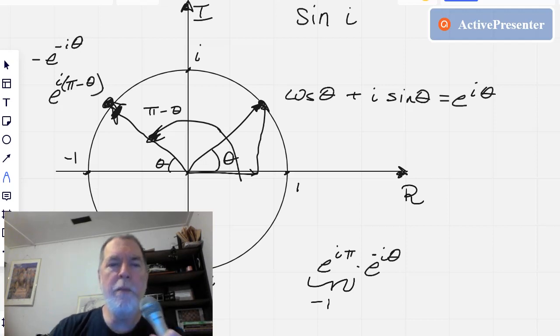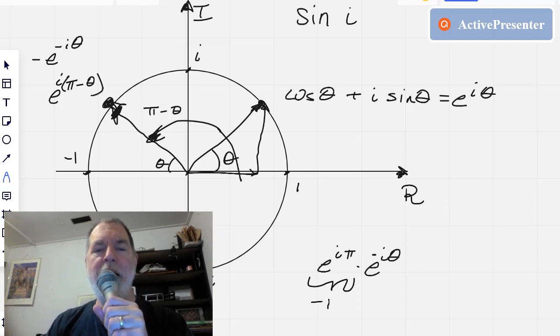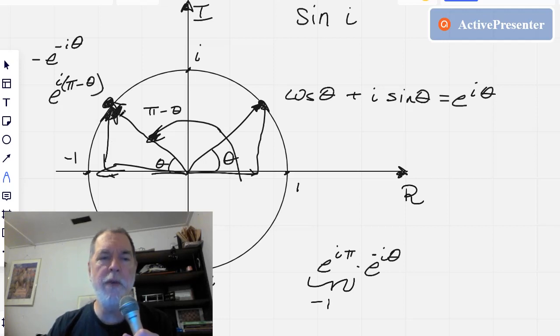All right. Now, what I wish to do is to add up these two vectors. Now, what will happen when we do that is the horizontal components are just going to cancel out. And effectively, what we're getting when we add that is going to be twice i sine theta.